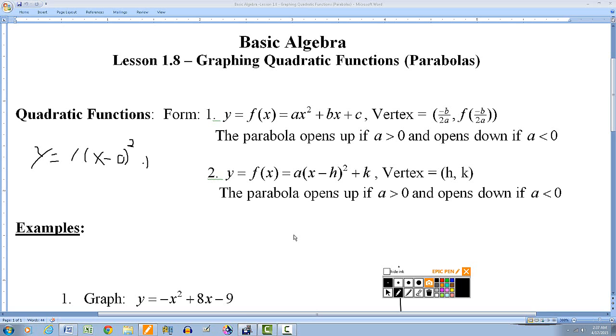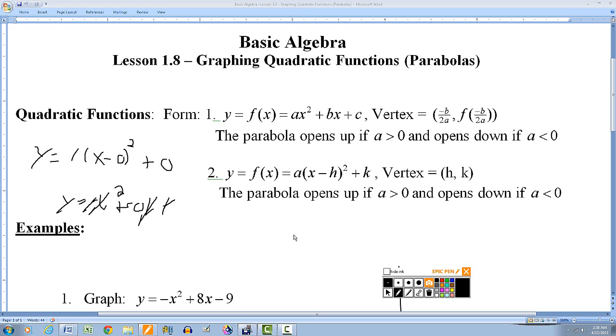I looked at the other form where it was y equals just x squared, and I said this is understood to be 1. There's no x, so this would be 0x. There's no c, so that would be 0 also.